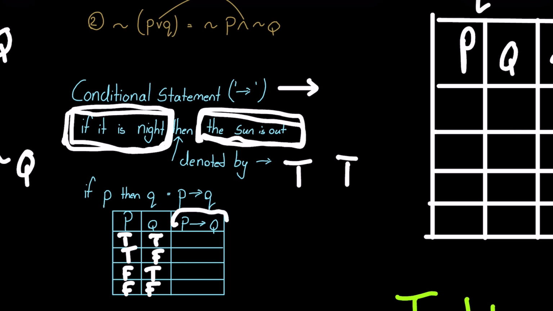If P then Q. So if it is night, then the sun is out, right? So let's try this. If P is true right here, so if it is night, then the sun is out. That's true because that's our whole statement.